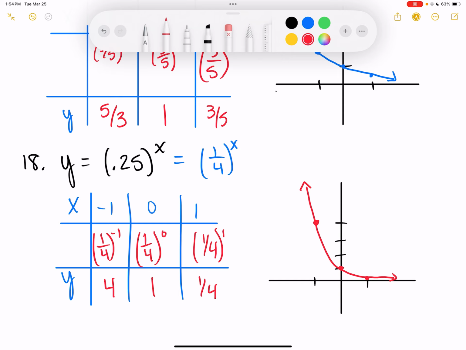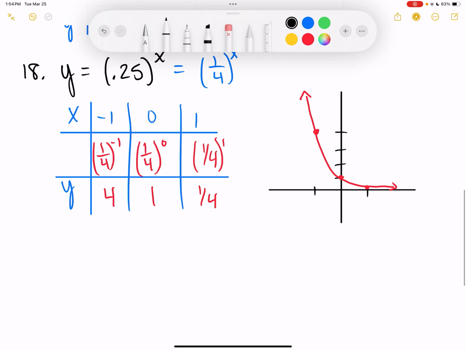So let's see. 20. Y equals 5 times 1/4 raised to the x.